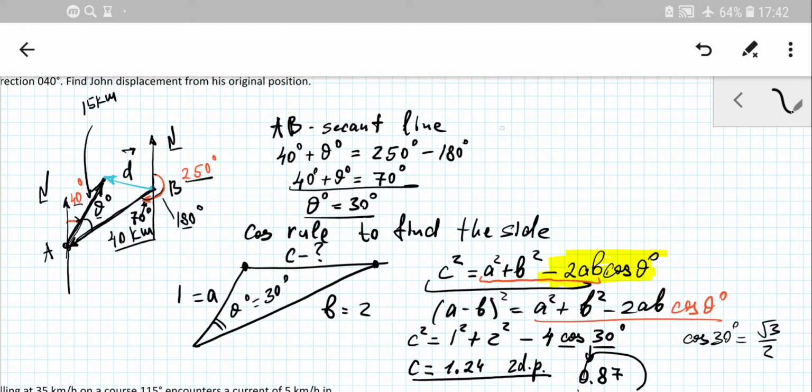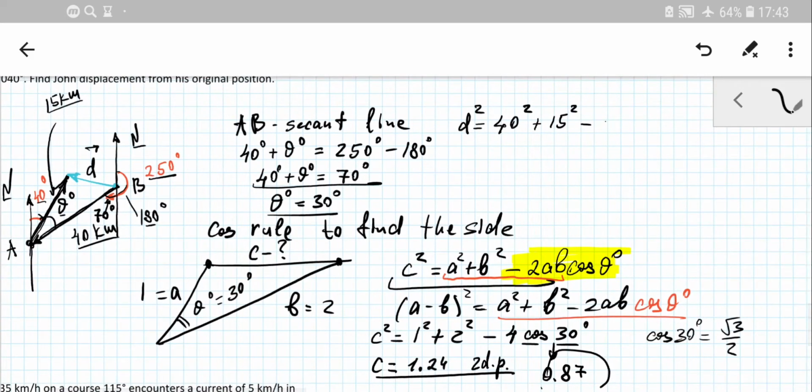So now let's set up d squared. First it's 40 squared, that's one side. 15, that's another side, so we've got plus 15 squared.